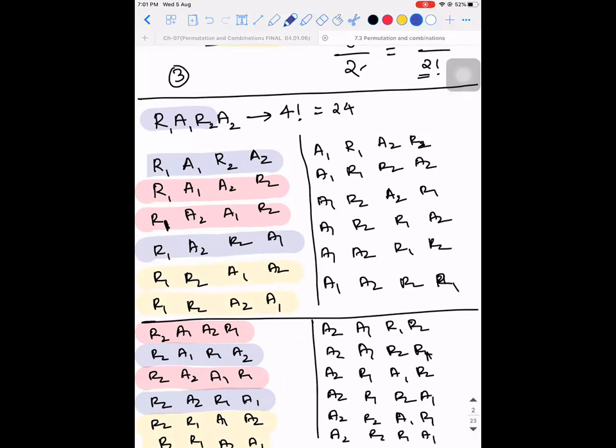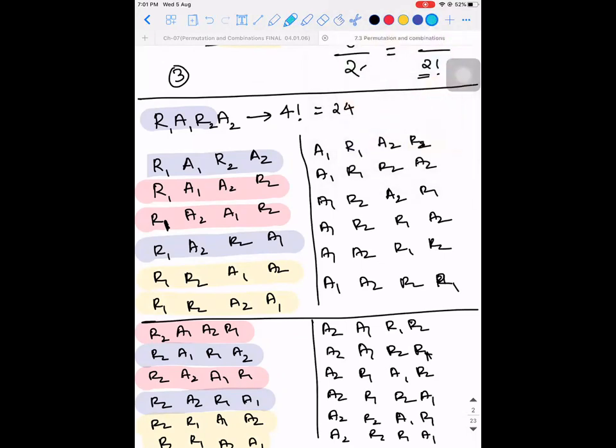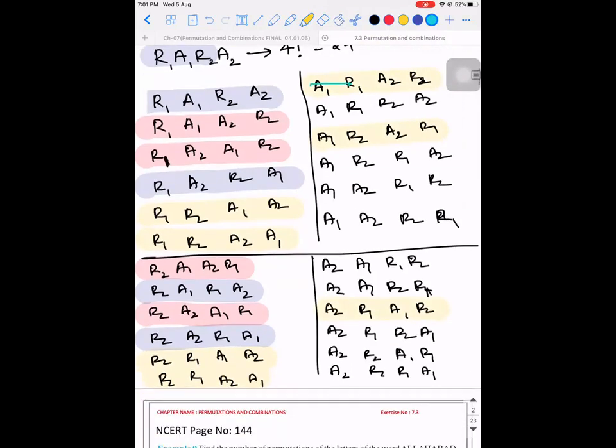Similarly, now you tell me what will happen here, guys. A1, R1, A2, R2. This is same as A1, R2, A2, R1, is same as this one, is same as this. Right. Next.